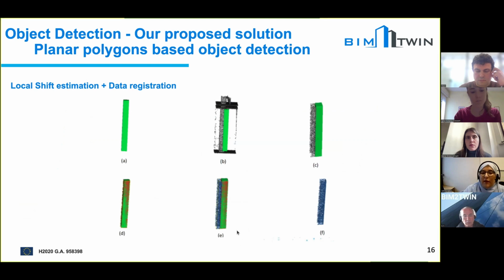Then we need to check if there is a local shift. When we extract the region of interest and filter it, we can judge if there is a local shift or not.